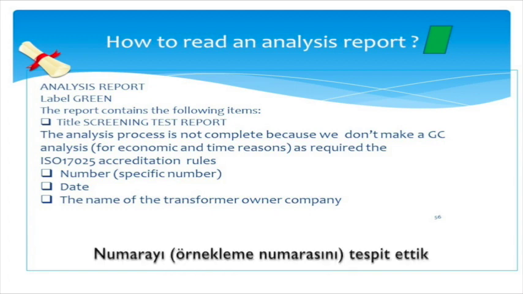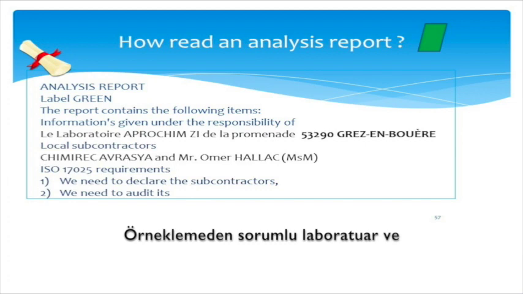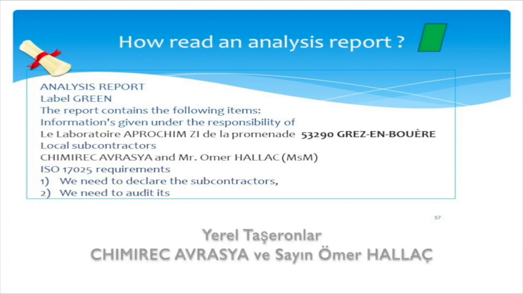It identifies the sampling number, the date, the name of the transformer owner company, the laboratory in charge of the sampling, and the name of the subcontractor, Shemek Abezer, and Mr. Homeralak.